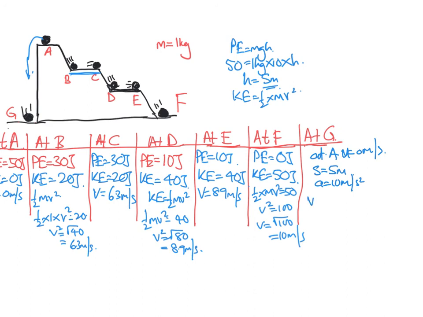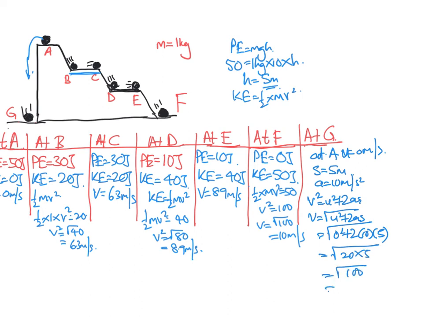Therefore v squared equals u squared plus 2as, so v squared equals 0 squared plus 2 times 10 times 5, which is 20 times 5, 100. You see that you are getting the same answer as at F.